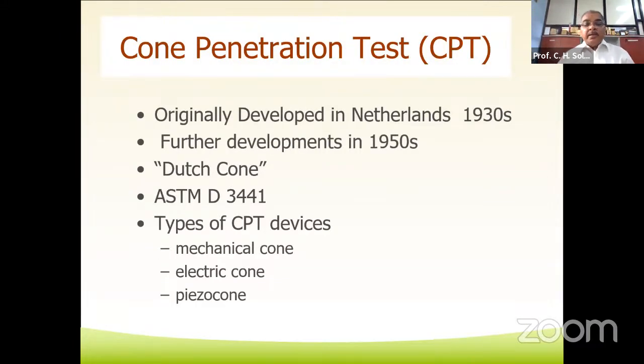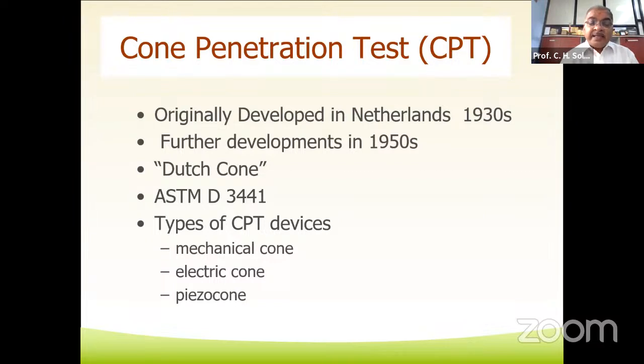Now we are coming to the cone penetration test. Originally developed in the Netherlands in the 1930s, with further development in the 1950s, it is also known as the Dutch cone.